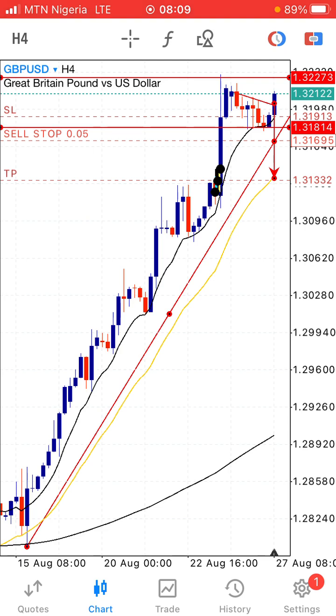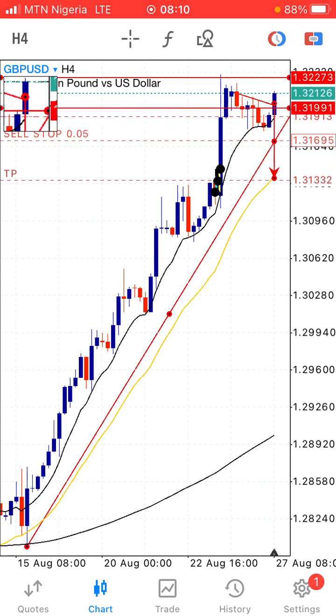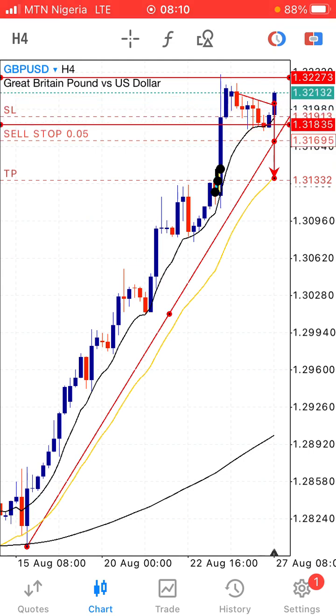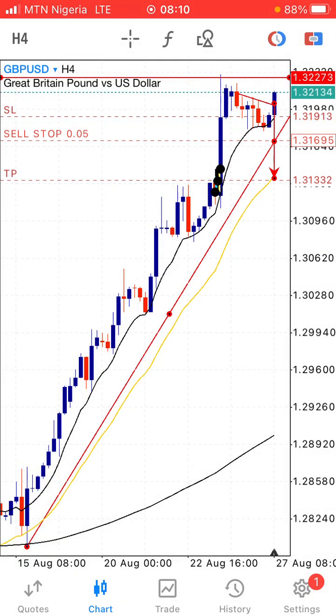So we'll still watch if it breaks the high, then the trend still wants to continue. That's it. It means the trend wants to continue. So watch how this market unfolds, to see how this market unfolds.